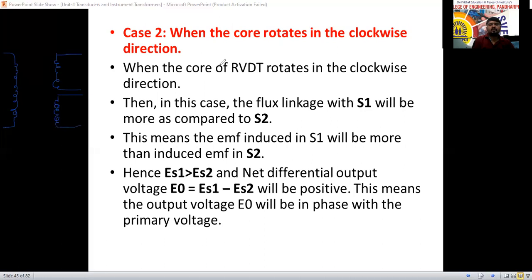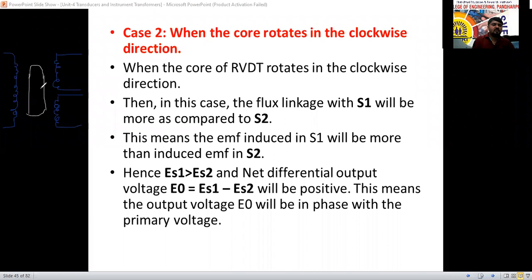This is S2. In the middle, the core we are going to consider is this one and this one here. So this is the core we are going to consider.